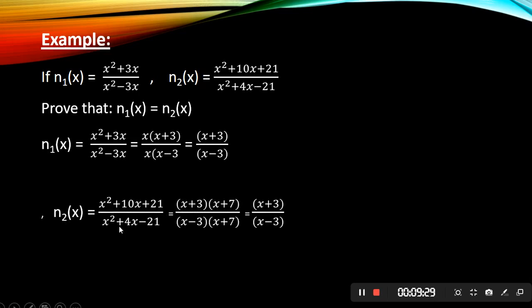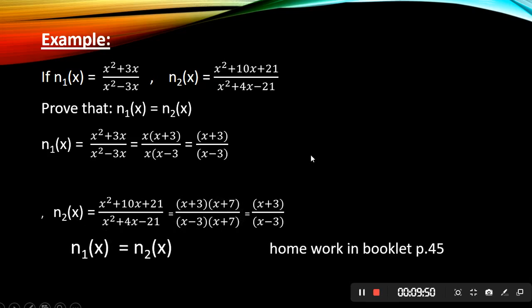I just factorize directly: (x + 3)(x + 7) over (x - 3)(x + 7). So we cancel x + 7 with x + 7, giving (x + 3)/(x - 3). So n1(x) = n2(x).